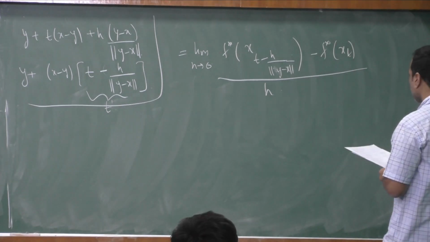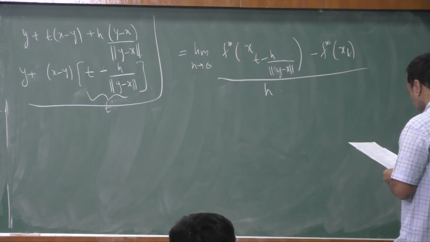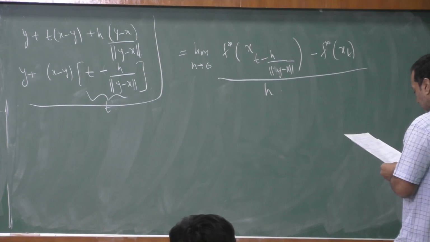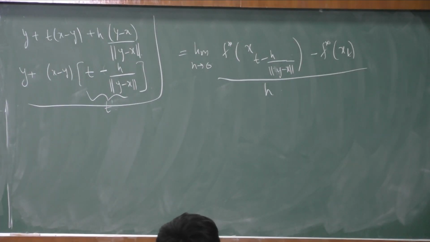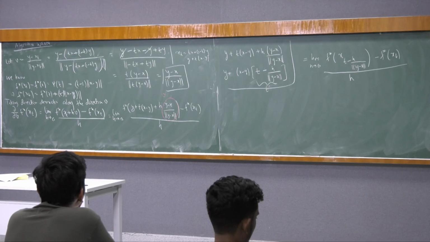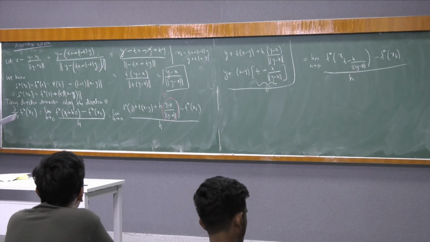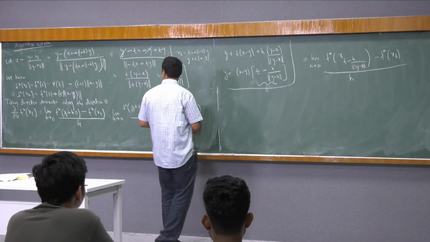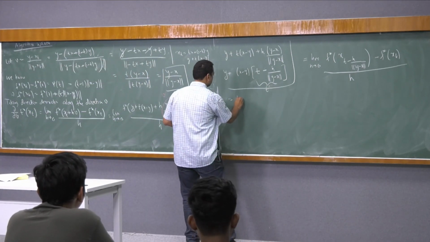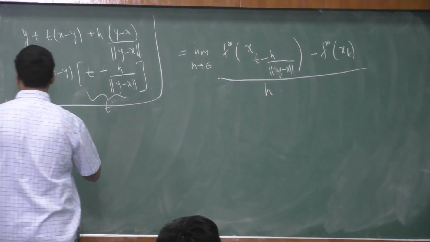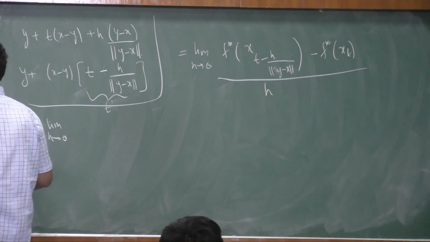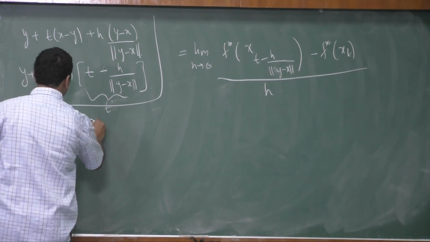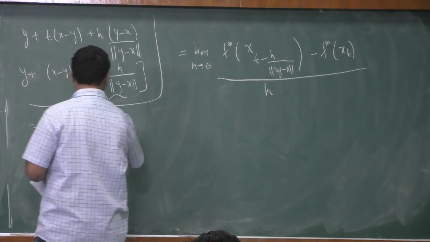Basically we have to evaluate the limit, and to evaluate the limit, f star xt is this, right? So we are supposed to use that. So f star xt will be this. Let us use that. So f star xt is f x plus 1 times t minus 1. So this is the limit h tends to 0 of f star xt, which will be f star x as it is, and the t will be coming up later.